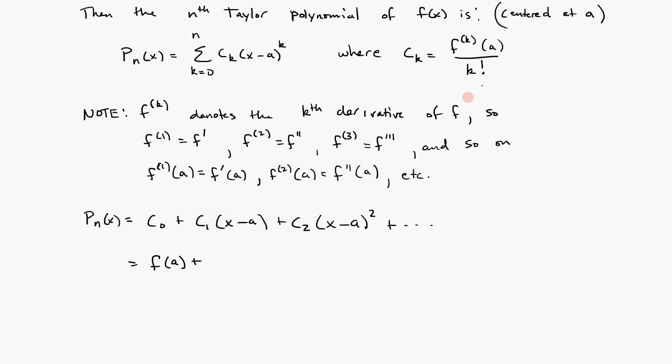And then c_1, so k equals 1, will be the first derivative of f evaluated at a, divided by 1 factorial, which is again equal to 1, times (x minus a).